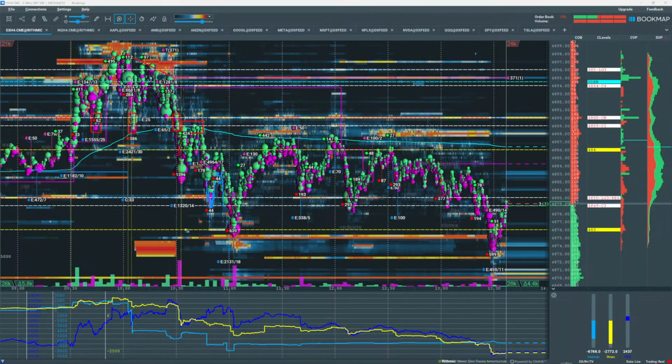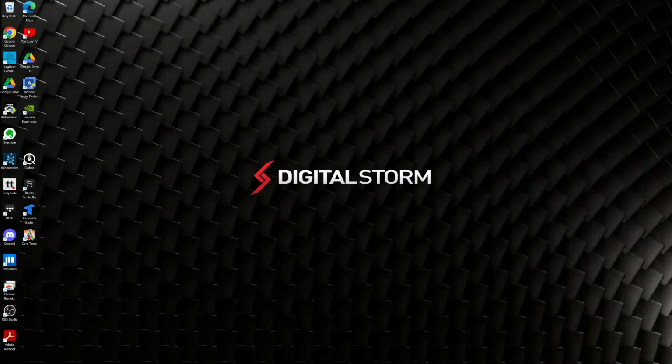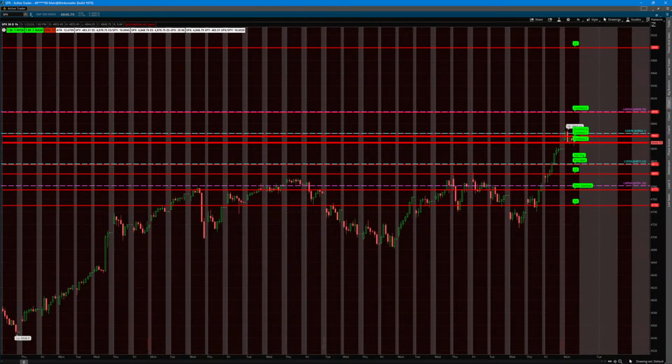Now let's take a closer look at the levels in play recently. I'm going to go to SPX. This is a 30-day 1-hour chart. Here's the 4,800 level acting as resistance. That was the end of last year.